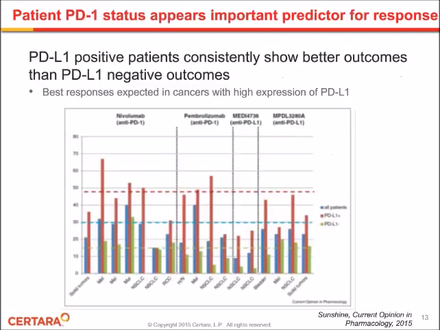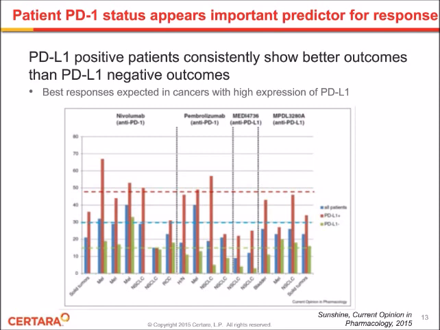What's also interesting to see is that the level of PDL1 expression on the tumors is an important factor in the response to treatment. So patients that are so-called PDL1 positive consistently, and they're shown here in this graphic in the red bars, consistently show better outcomes than the PDL1 negative patients, which are shown here in green.